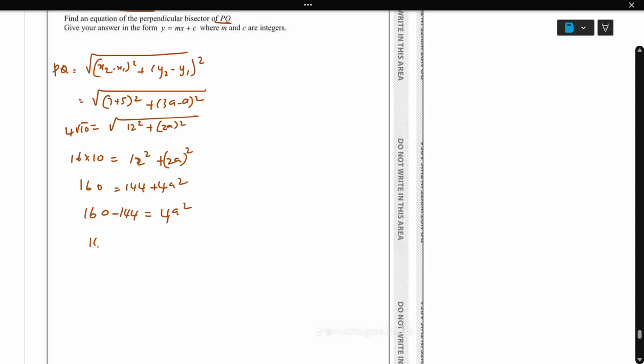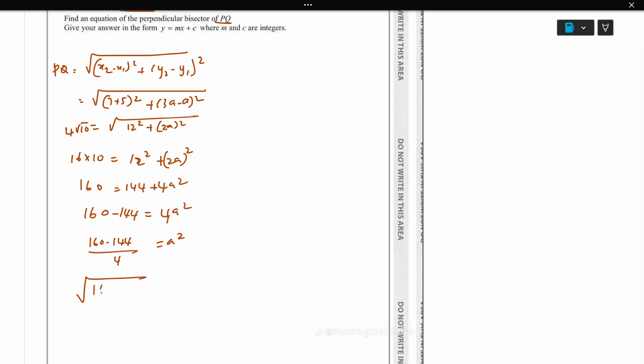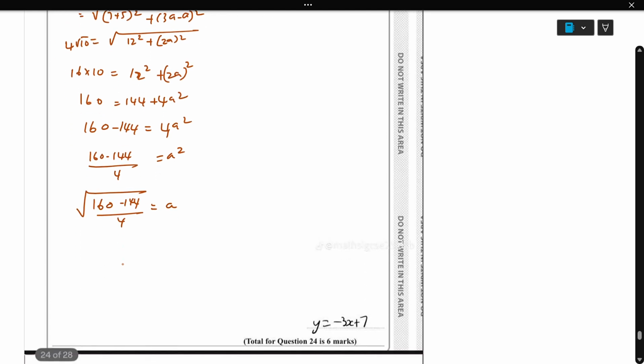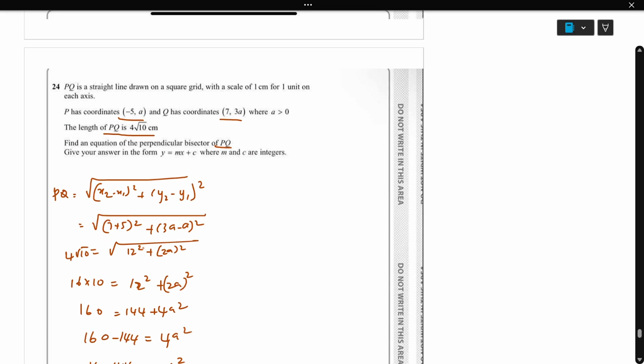So 160 minus 144 over 4 equal to a square. a equal to square root of 160 minus 144 over 4. Here is a plus or minus. Minus we cannot take because length can't be negative, so it's only plus. So the answer is 2. So we got a equal to 2, so we can find both the coordinates. First coordinate is negative 5 comma 2 and second coordinate 7 comma 6.